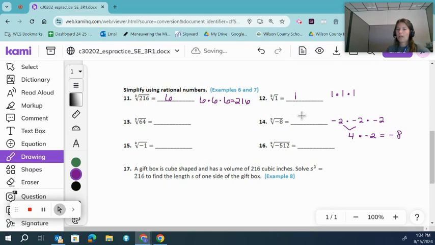So the cube root of -8 is -2. And again, the cube root of -1 would be -1. So there are some others for you to practice there as well.